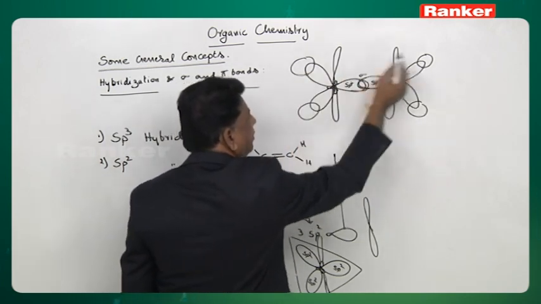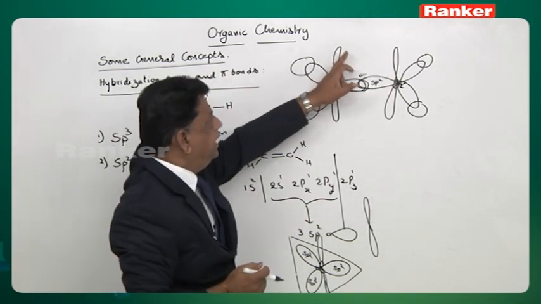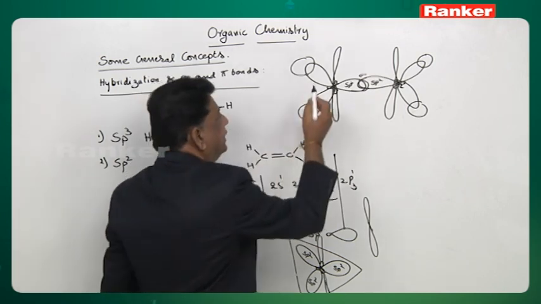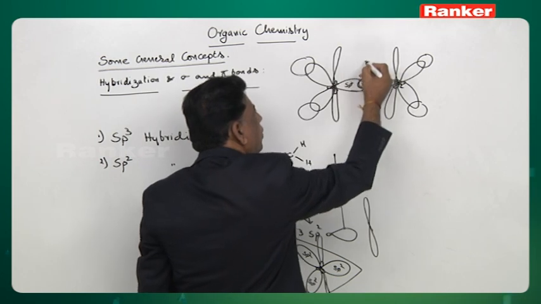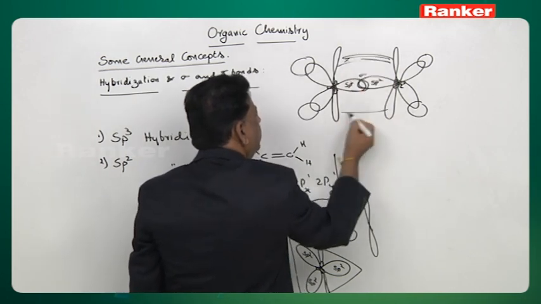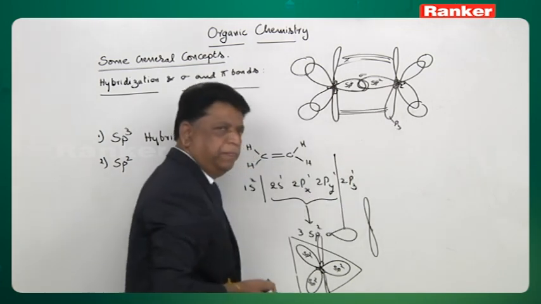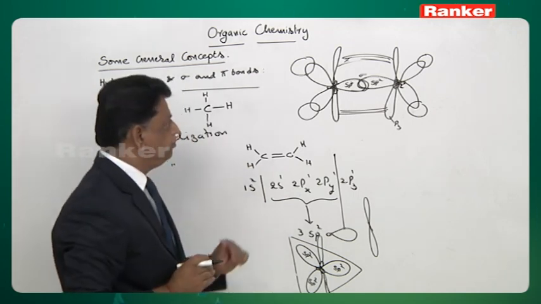With reference to the plane of this molecule, the two unhybridized pz orbitals are parallel to each other. They strictly cannot overlap, but they bend, and between these two unhybridized pz orbitals we have a bond formation because of the lateral or sidewise overlap.